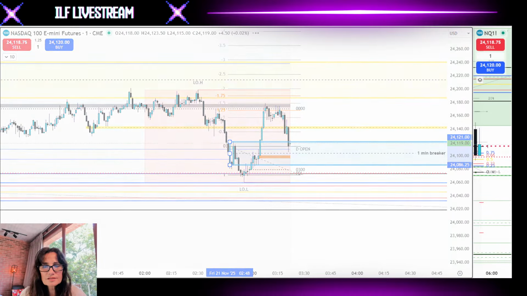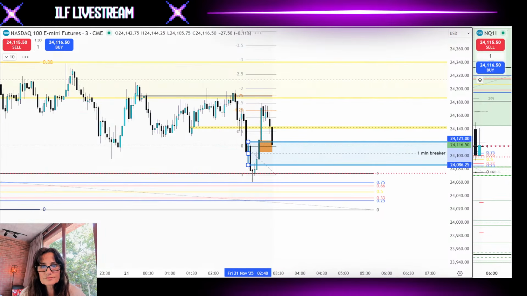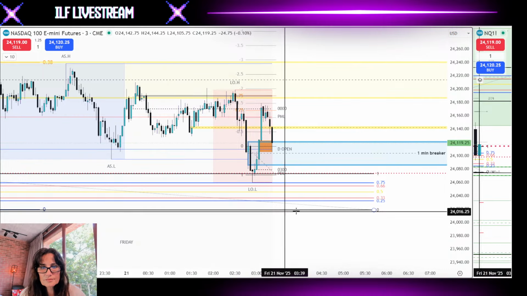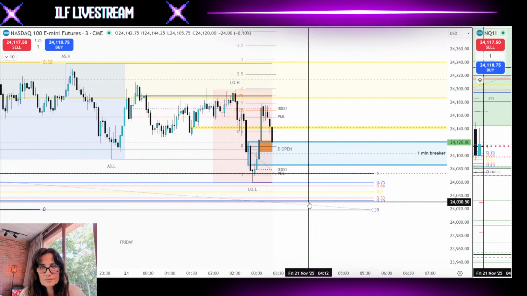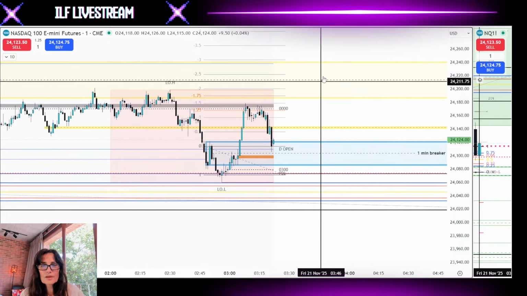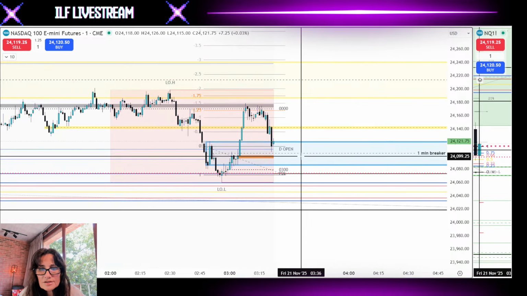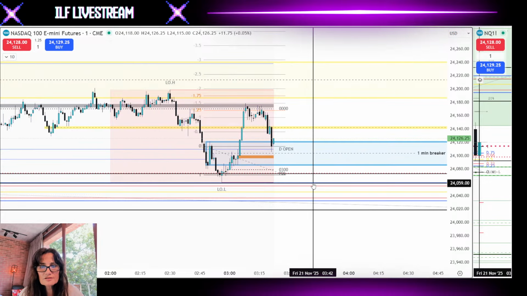Let me check the 5 minute. Oh, there's no 5 minute breaker. What time is it? 3:22. I would like to see it hit this first presented fair value gap. But I don't think it's going to do that on a day like this.